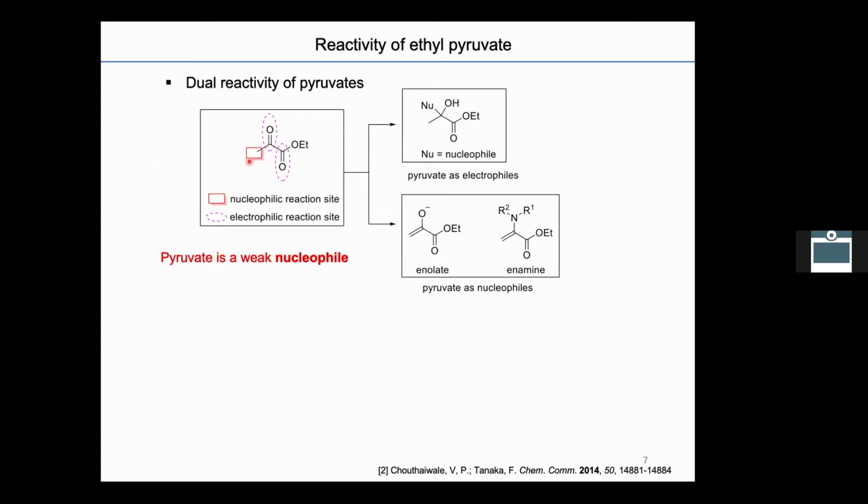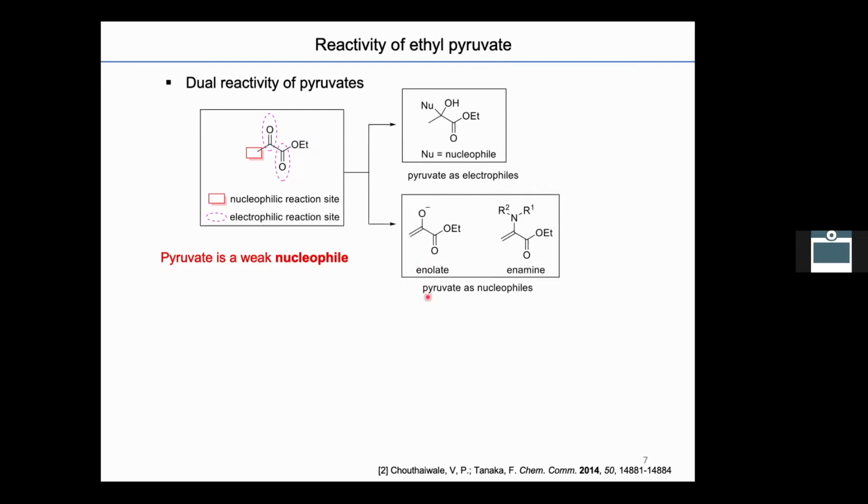This box shows it has one nucleophilic reaction site, and the other two, the keto and the ester, are electrophilic reaction sites. Because of having two electrophilic reaction sites, this molecule is generally electrophilic in nature, which means electron deficient. So that's one of the problems if you want to use it as a nucleophile.